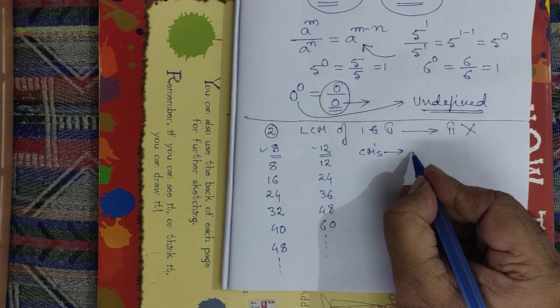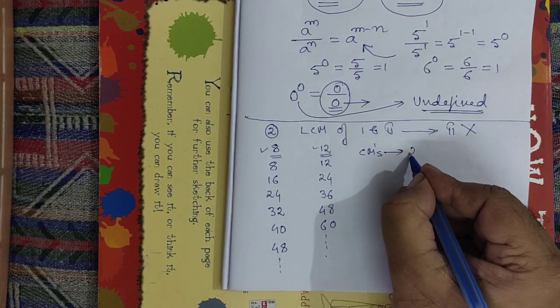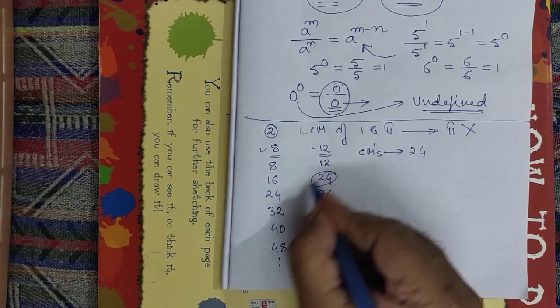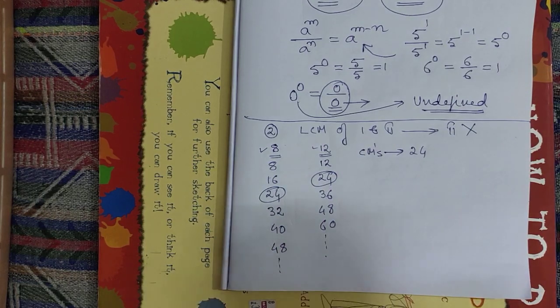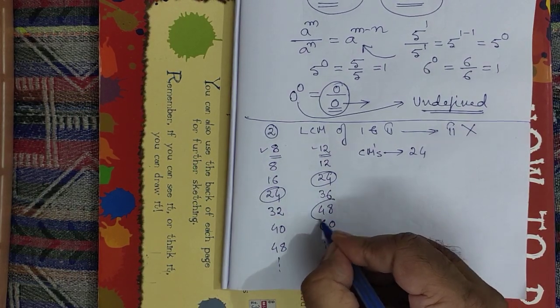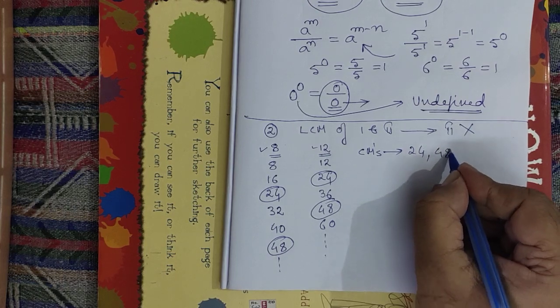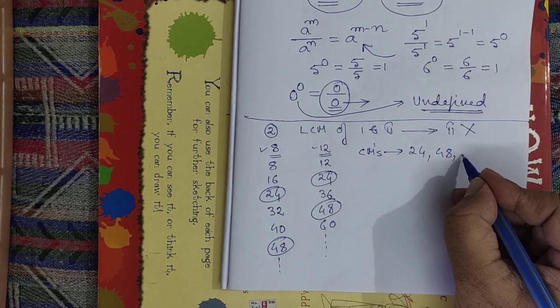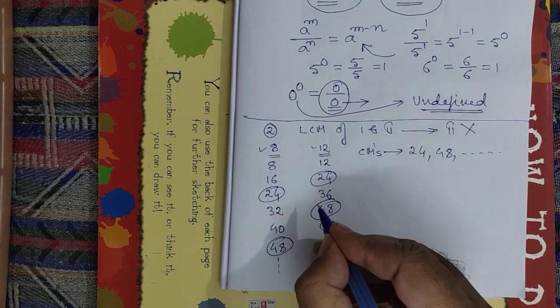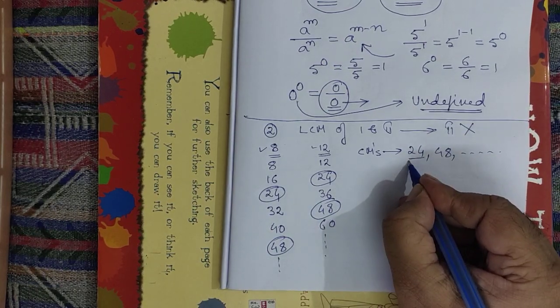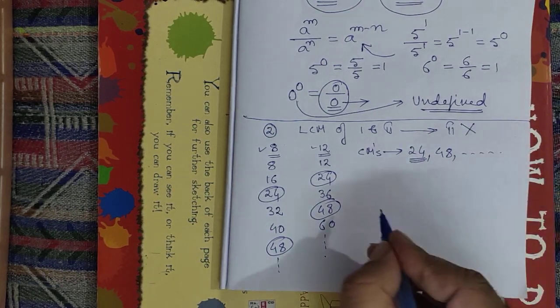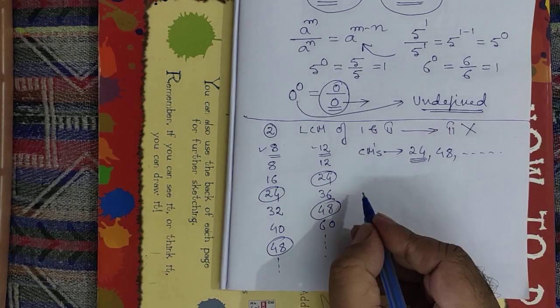You would definitely say 24 is the first common multiple, see, 24 here, 24 here. Next common multiple comes 48 here, 48 here. In this way, you will be getting infinite common multiples. Mostly it will be multiples of 24 itself.